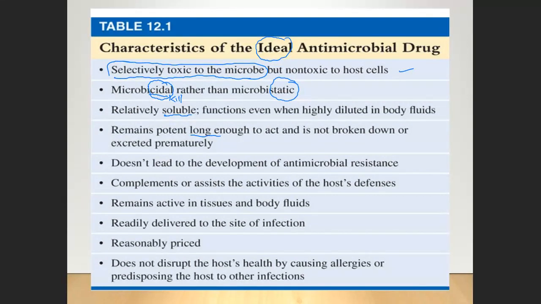Does not lead to development of antimicrobial resistance. So the drug that is used is not actually making the microbes become stronger. We try to avoid this type of drug that causes the bacteria or the microbes to be stronger.